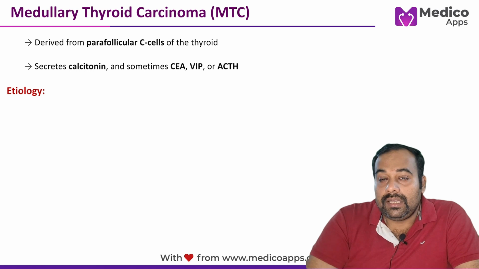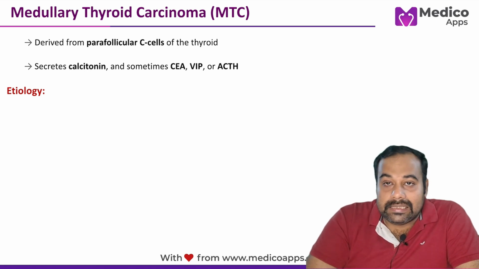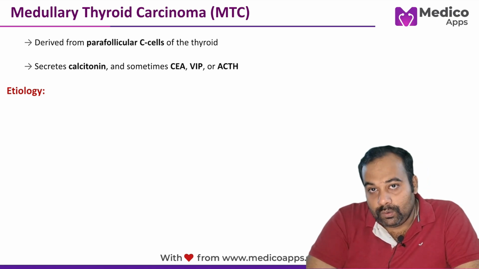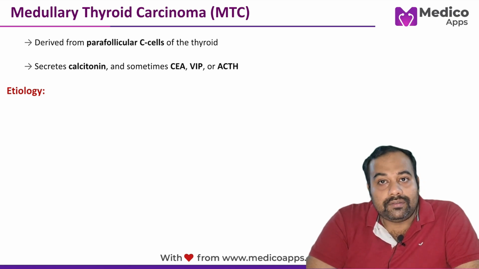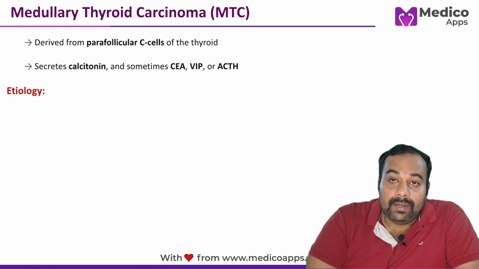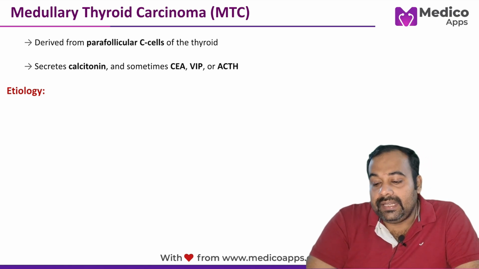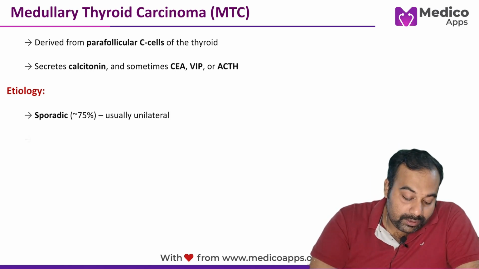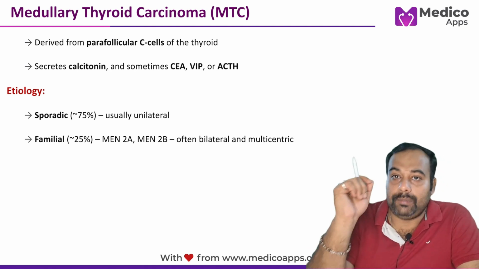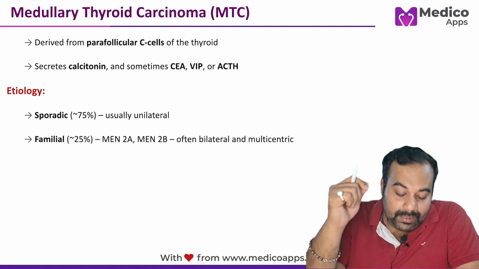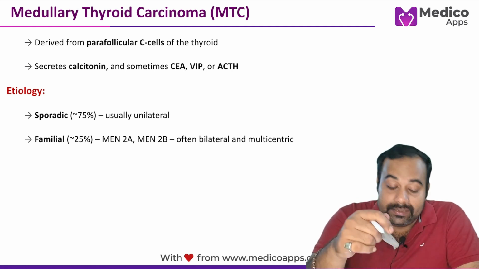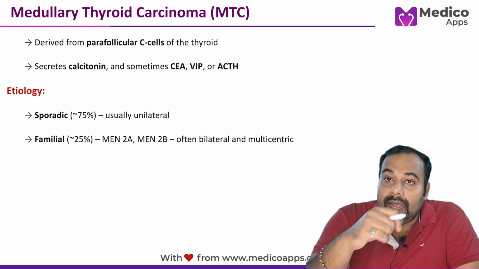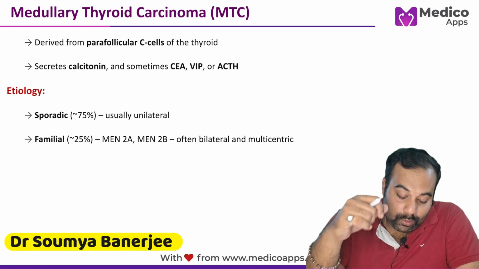The sporadic variant is seen in 75% of cases, and they are mostly unilateral in location. But the familial variant is associated with 25% of the population. Here MEN 2A and MEN 2B syndromes are the most common syndromes associated with medullary thyroid carcinoma cases.